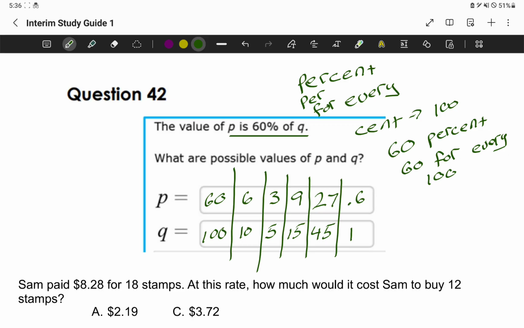Anything that works out to 60% is fine. But the simplest answer is the number over 100. It's just the easiest way to go. And there's no reason to make it harder than it has to be.